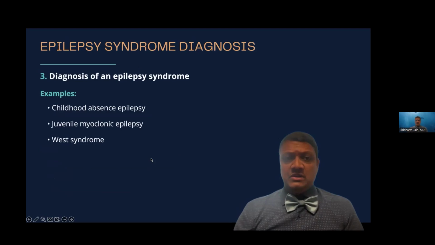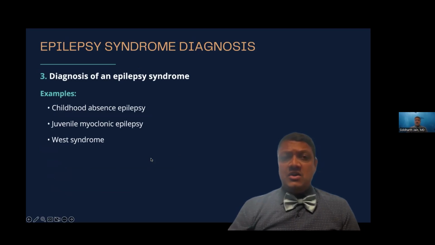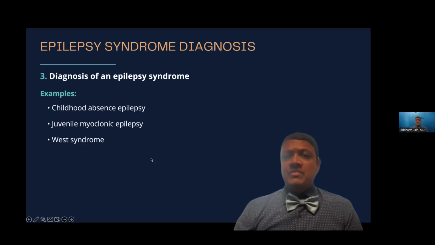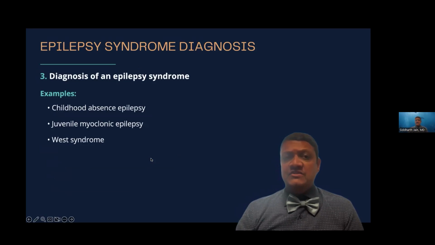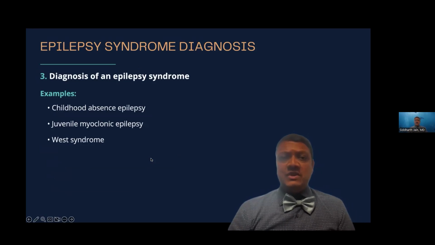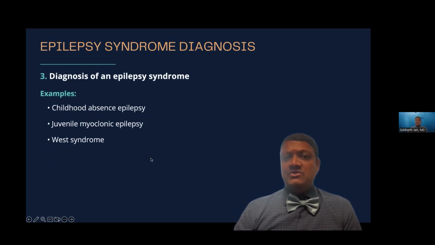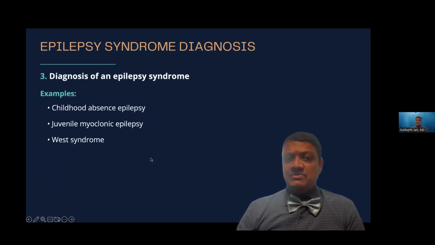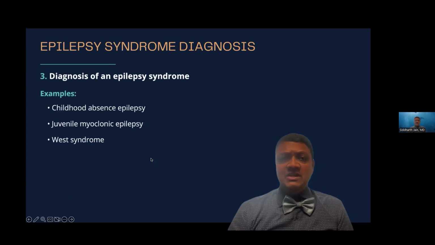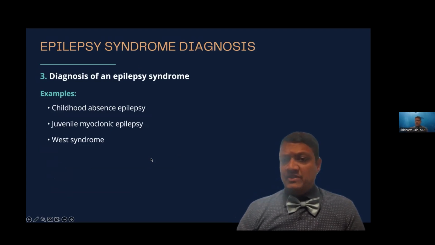In addition, they can also be diagnosed with epilepsy if they've had a single seizure, but they have clinical features, characteristics, or more likely EEG findings that are very characteristic and specific for diagnosis of an underlying epilepsy syndrome, such as childhood absence epilepsy, juvenile myoclonic epilepsy, and West syndrome, or infantile spasms.